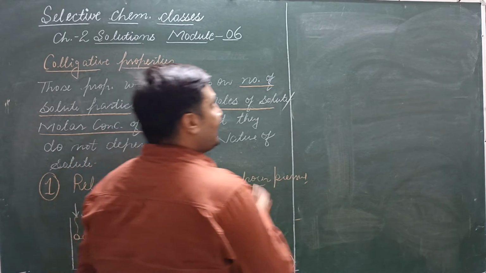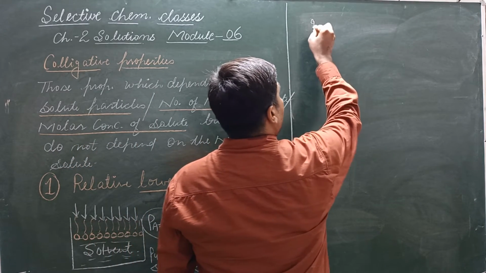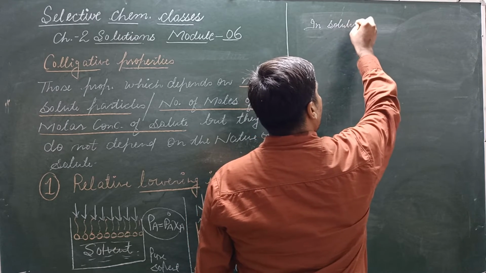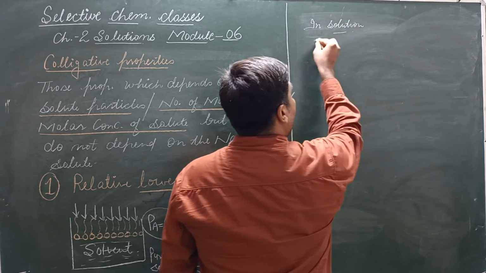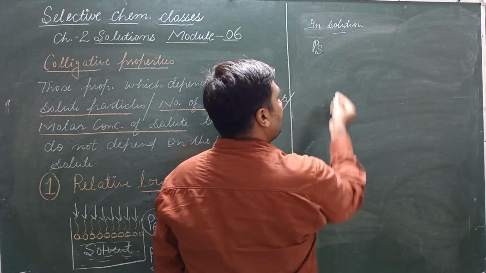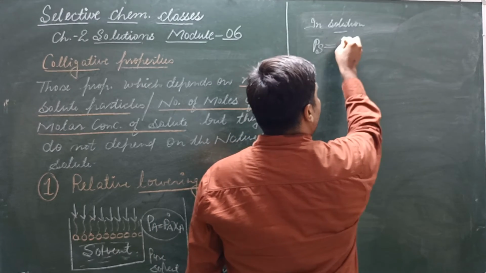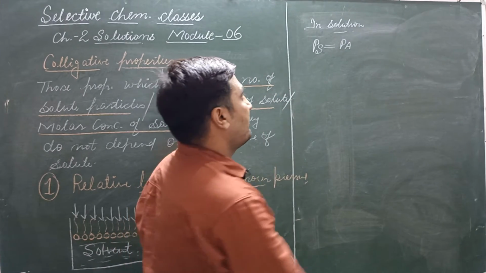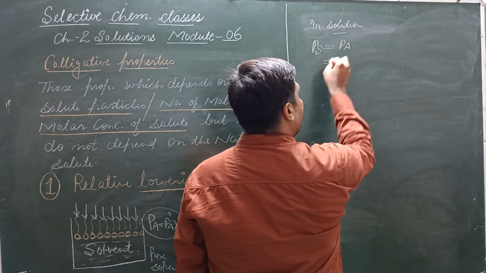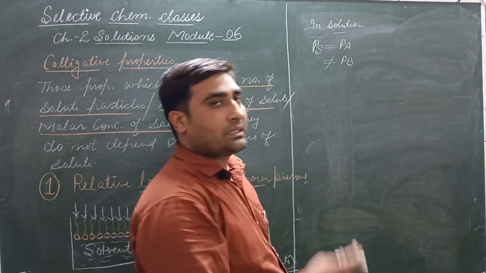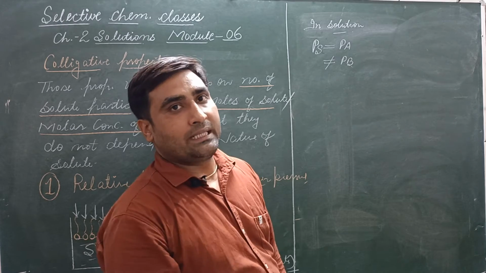That's why in this case, in solution, the partial vapor pressure of the solution will only depend on the partial vapor pressure of the solvent. It will not depend on the partial vapor pressure of the solute because it is non-volatile in nature.